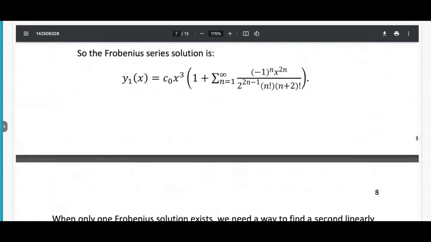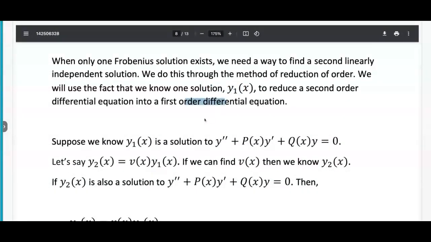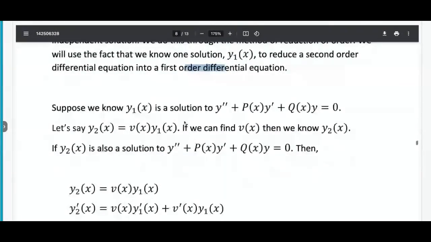All right. So when only one Frobenius solution exists, we need a way to find the second, linearly independent solution. We do this through the method of reduction of order. We use the fact that knowing one solution y1 lets us reduce a second order differential equation into a first order differential equation. Let's see how we do that.